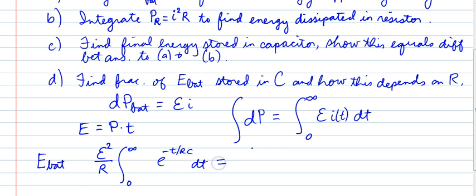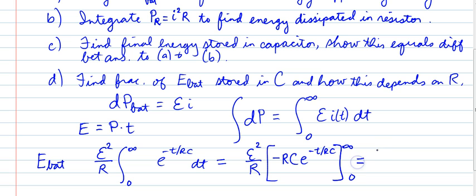Well, we're going to have E squared over R. And the neat thing about doing an integral of the exponential function is we just need to plop down a constant, and then we have e to the negative t over RC evaluated from 0 to infinity, and that's going to give us E squared times C with the negative sign.